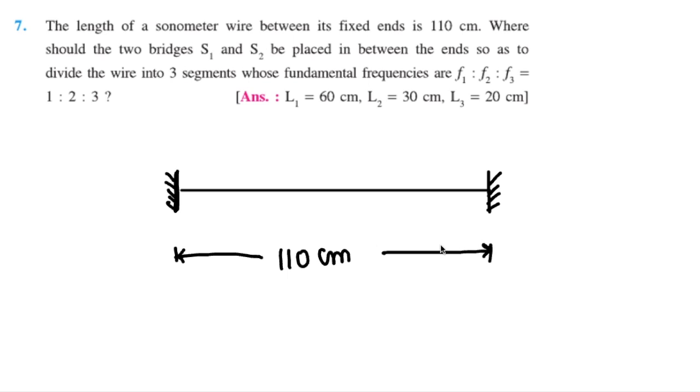Now where should the two bridges S1 and S2 be placed in between the ends so as to divide the wire into three fragments whose fundamental frequencies are F1 is to F2 is to F3 equals 1 is to 2 is to 3? Means we are going to divide this wire into three segments like this, and their fundamental frequencies should be such that, what do you mean by fundamental frequencies?